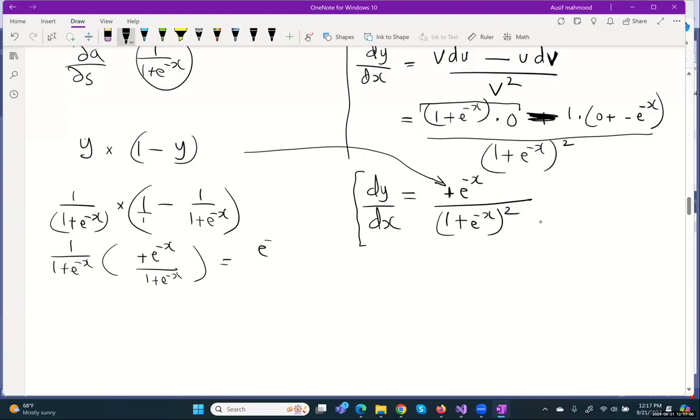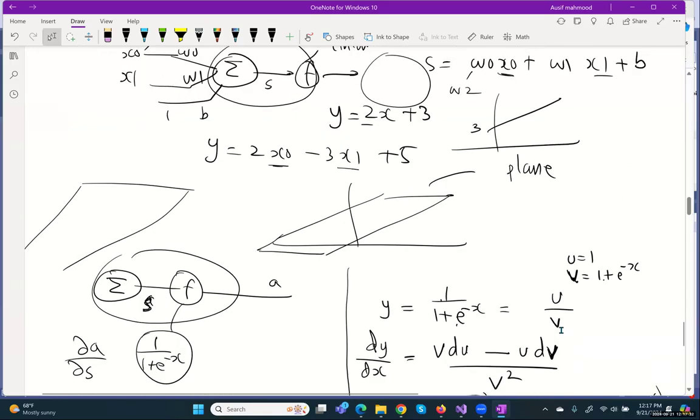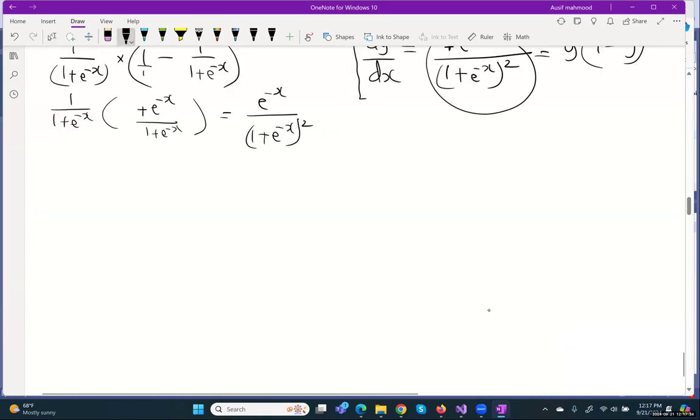Okay, so anyway, now you will see this part is exactly the same as this part. So in other words, dy over dx can be written as y times 1 minus y. Okay, so coming back to our neural network, let me redraw it again.